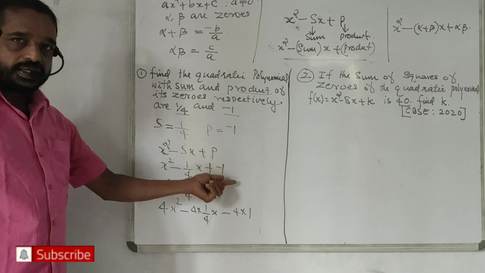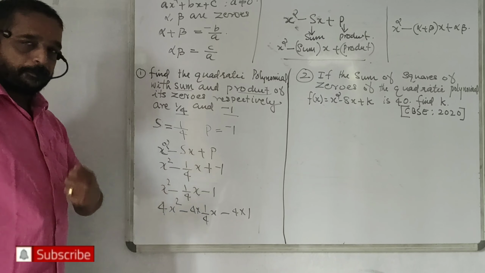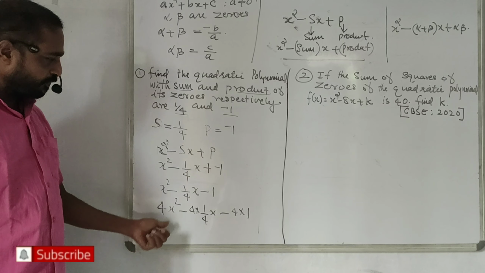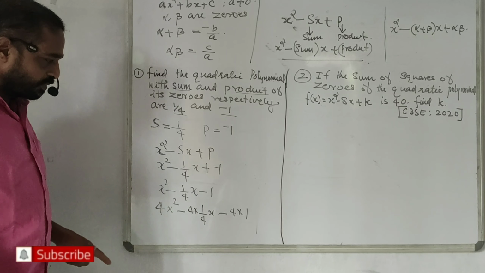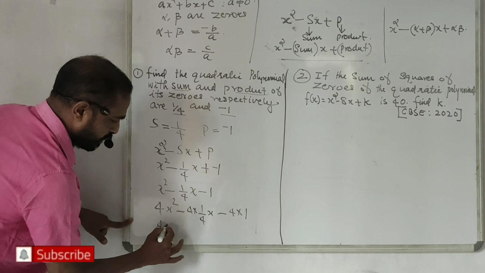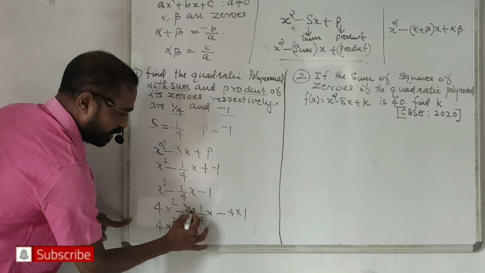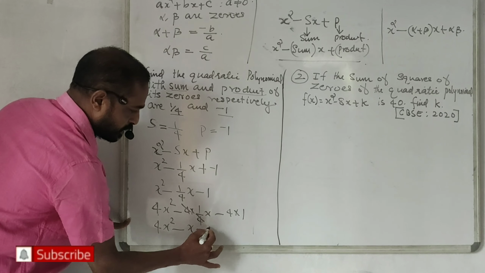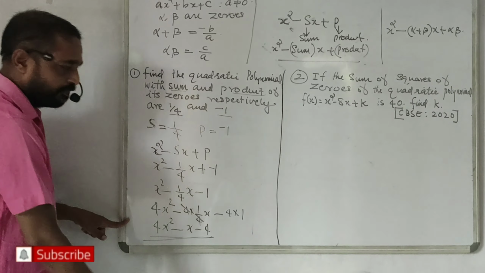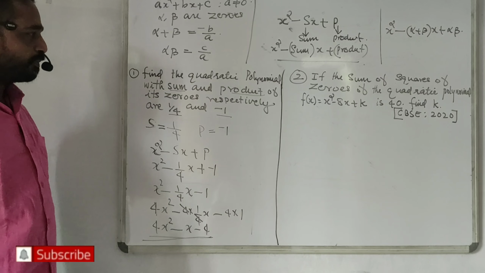That means we are multiplying each and every term of this quadratic polynomial by 4 to get rid of this divided by 4. So simplifying this, we will get 4x square minus, here we can cancel this 4, so we will get 4x square minus x minus 4 is the required quadratic polynomial.